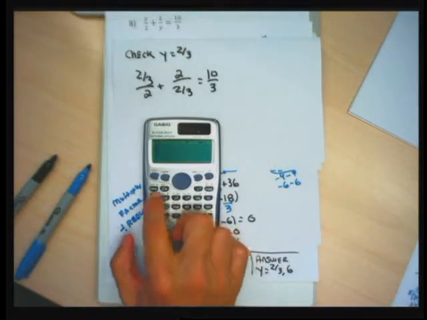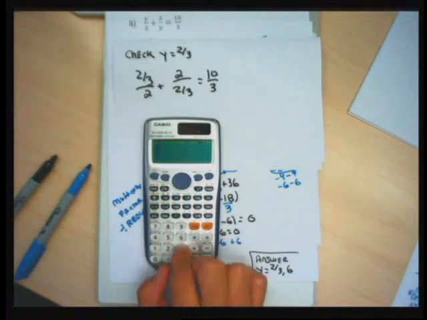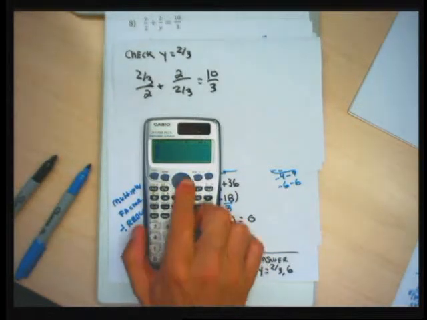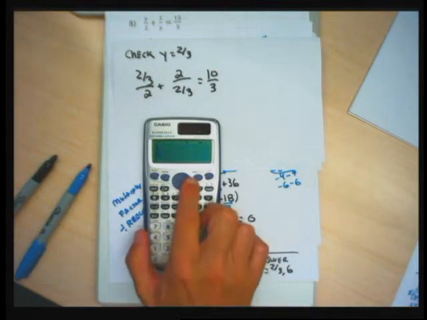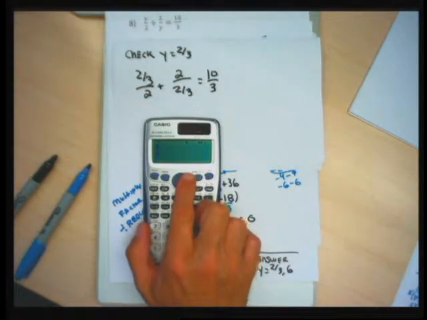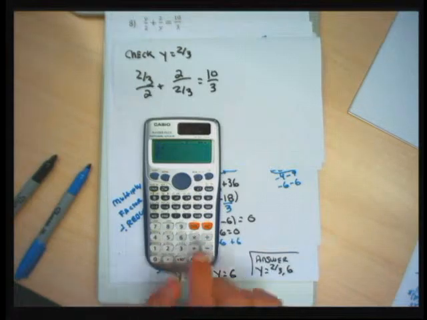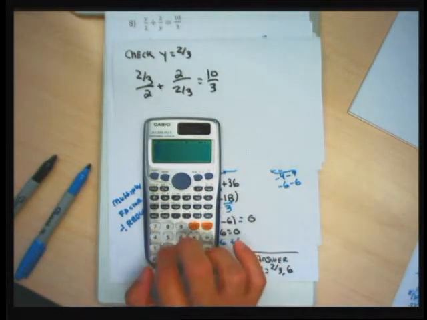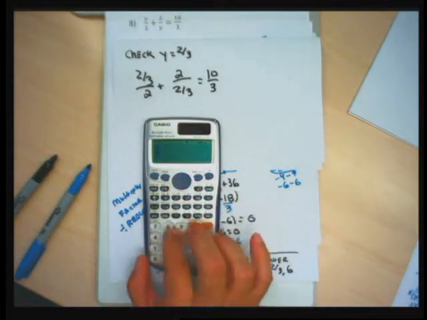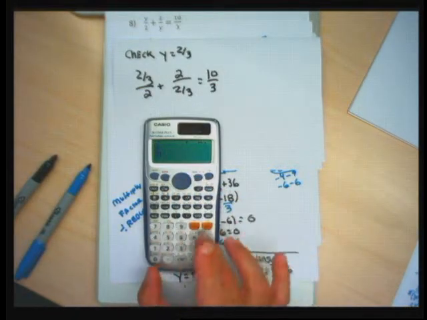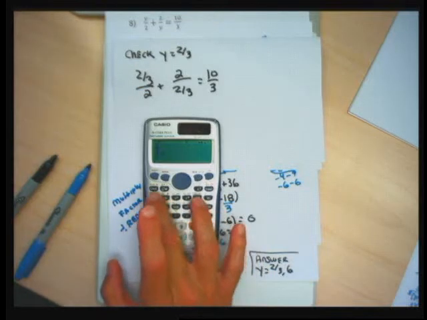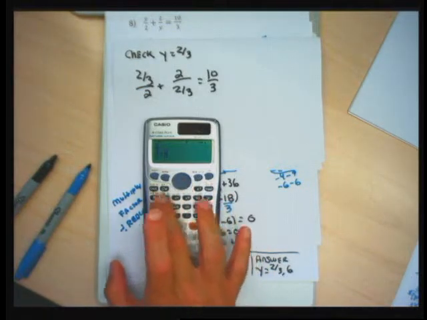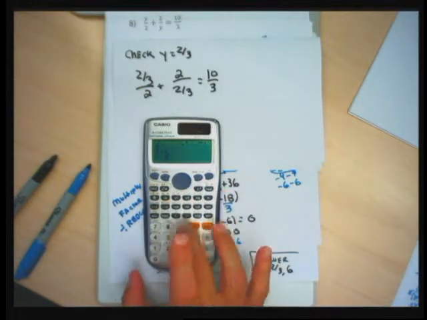So I go fraction over a fraction, so there's the 2/3 over 2. Double right arrow to get out of that fraction. Triple right arrow? I'm having a hard time getting out of this fraction. Plus, I'm still in the fraction. Try it again. Fraction, 2 over 3 over 2, right arrow, plus fraction 2 over fraction 2/3.